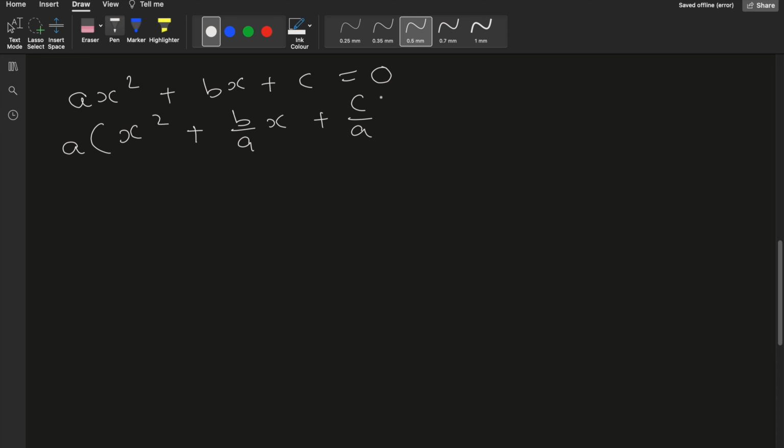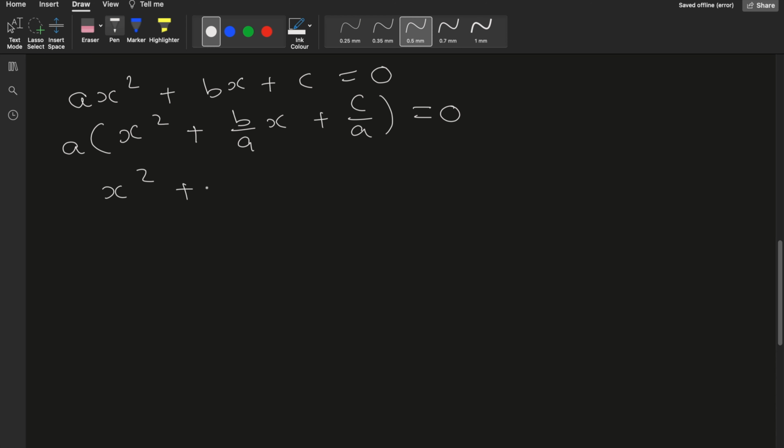Okay, let's do it. It was ax squared plus bx plus c equals 0. Now let's take a as a common factor. So a into this one. Now let's just divide by a.